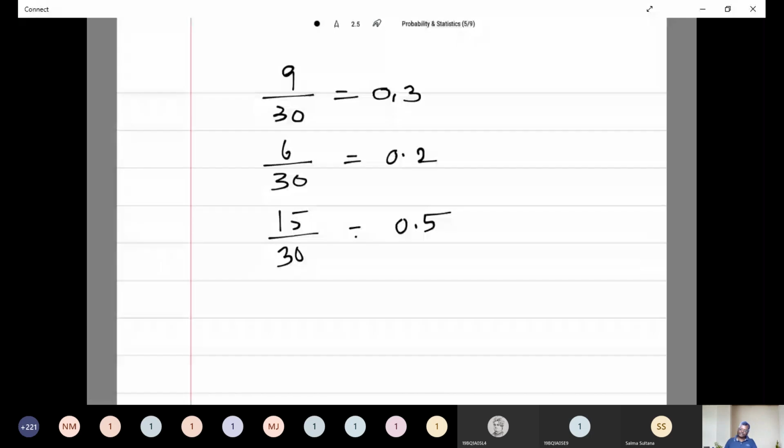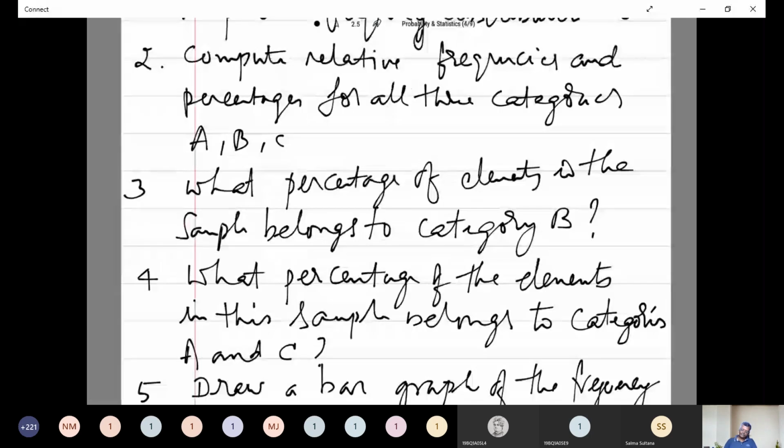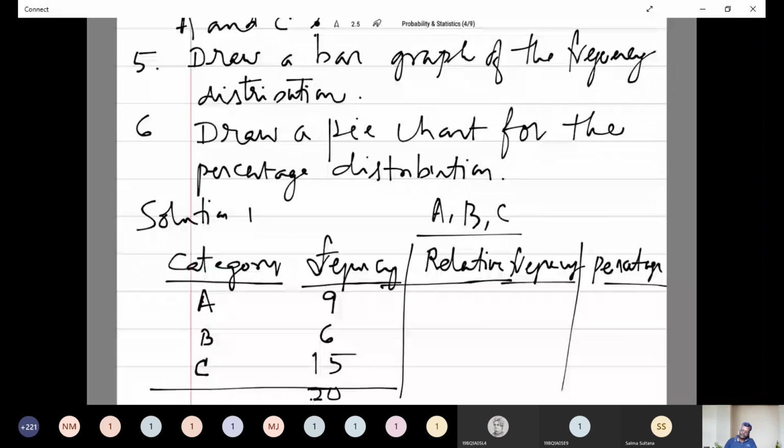We have relative frequencies 0.3, 0.2 and 0.5. Okay. And then next, we can prepare the frequency table and compute the relative frequencies. Question 1, question 2 is over.